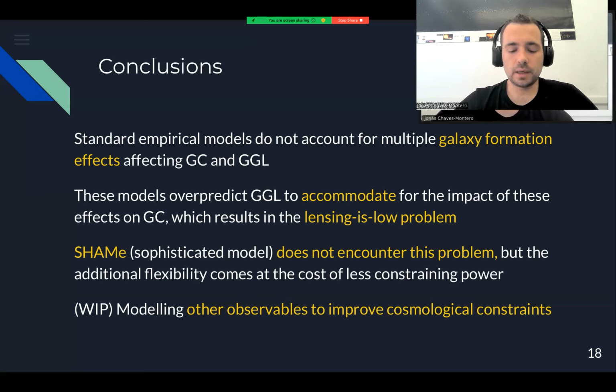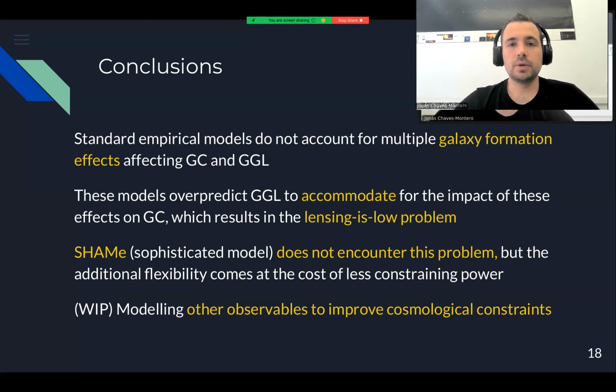And these galaxy formation effects affect very strongly galaxy clustering and galaxy-galaxy lensing on small scales. Empirical models that don't account for these effects can still fit galaxy clustering without problems, but to accommodate for the impact of these effects on the galaxy-halo connection, they overpredict galaxy-galaxy lensing, and this results in the lensing slope problem.